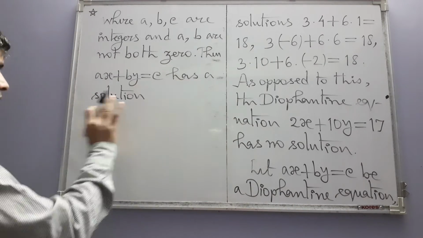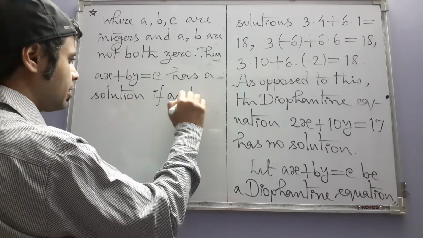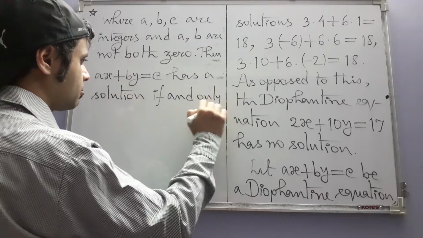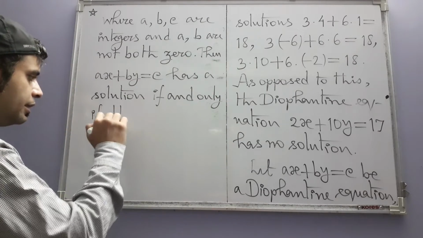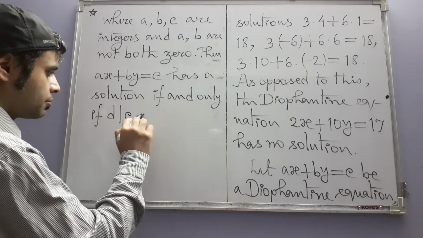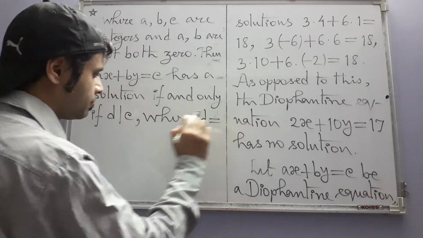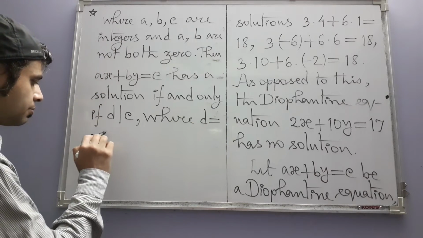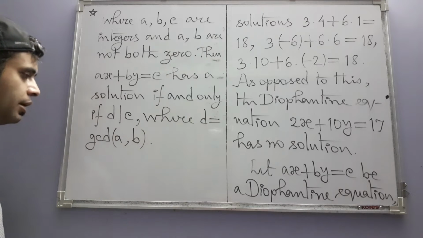In that sense, it has a solution if and only if d divides c, where d is the greatest common divisor of a and b.